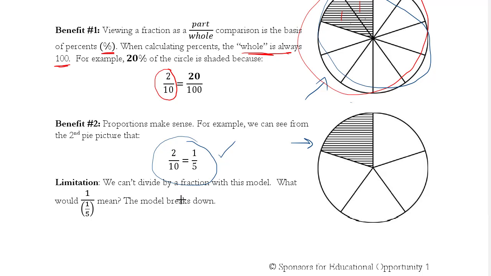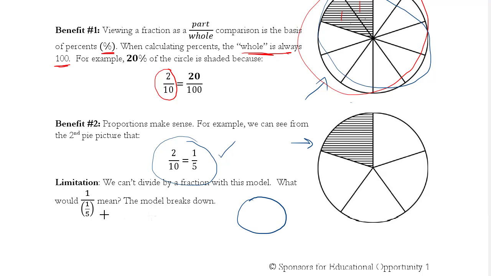So one limitation of this model is that we're not able to make sense of or draw a picture of dividing a quantity by a fraction, right? So for example, what would 1 divided by 1/5 mean, right? Well, if we want to interpret it as this part-whole model, it would mean take one something, right? One circle. This does not mean divide it into 5 parts and take 1/5 of it.